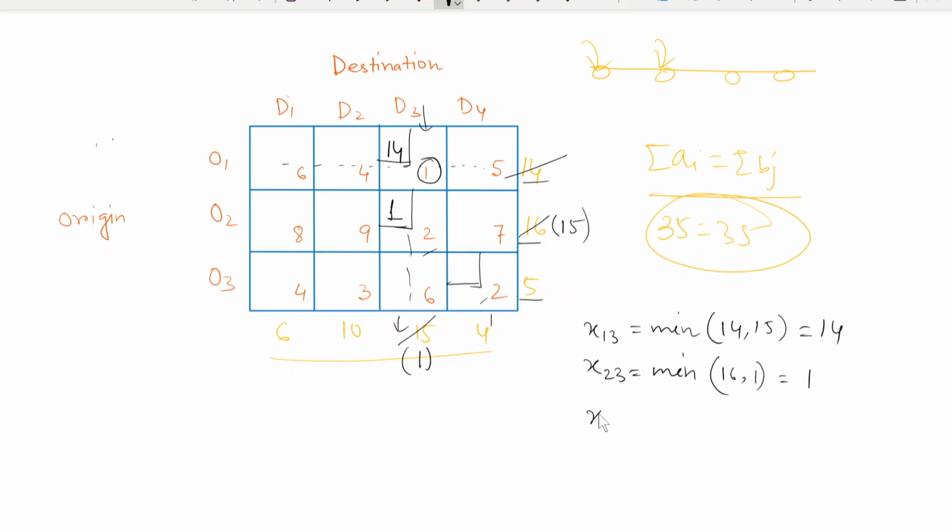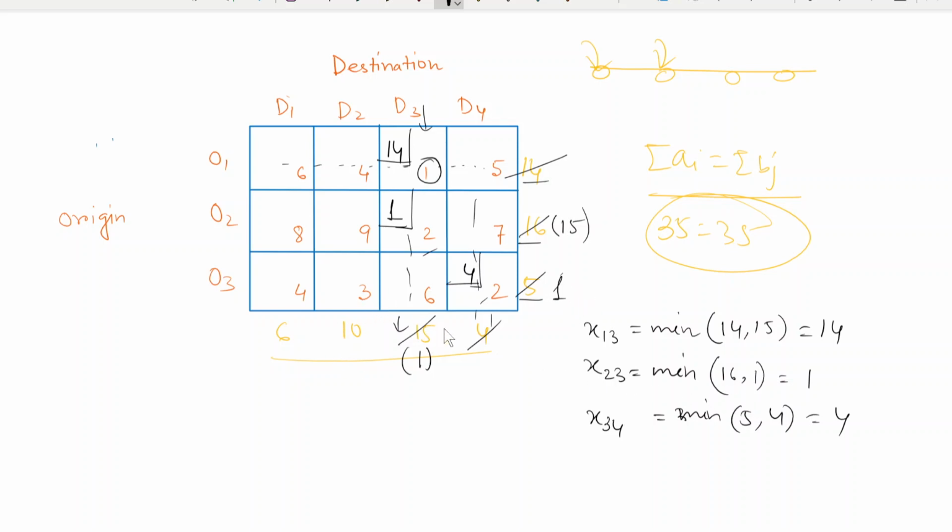So this is the cell x34, which equals the minimum of the total availability of origin O3, which is 5, and the total demand for destination D4, which is 4. So this is equal to 4, and we write 4 here. So the demand for the destination D4 is exhausted, and now the availability from the origin O3 is remaining 1 unit. Okay, so this is the case.